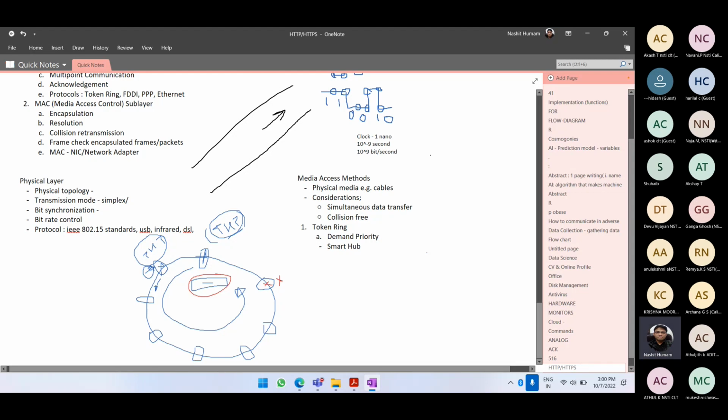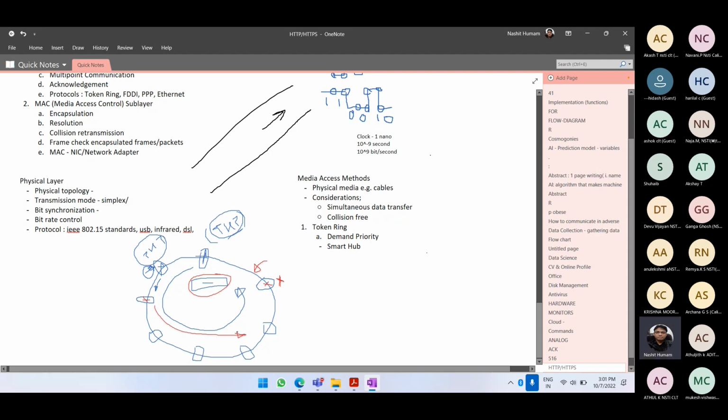Right. Now this machine, this node, will hold this token back, put the message on the network and leave the message. And once it has sent its data, it will put the token back once the receiver gets the message and sends the acknowledgement.